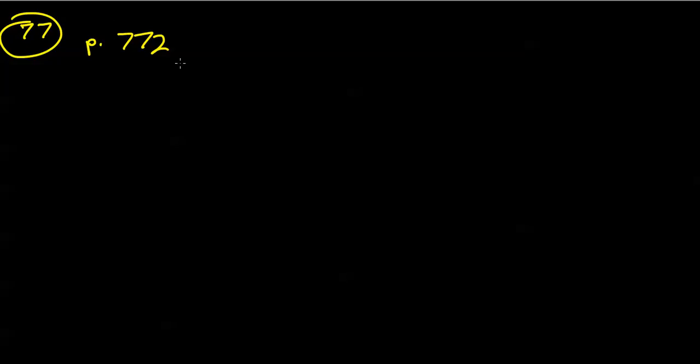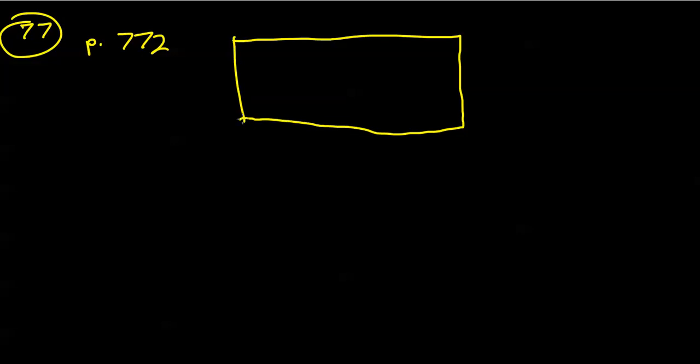Alright, so we are claiming this is a rectangular screen. So I'm going to draw a picture here. A rectangular screen. It's supposed to be straight lines. We know the area of this rectangular screen in square feet is 11,349.